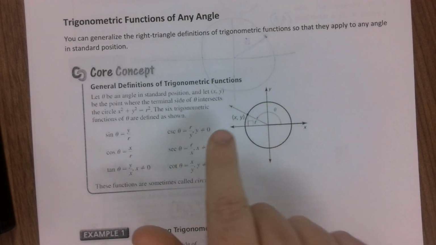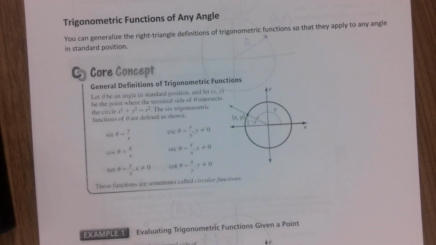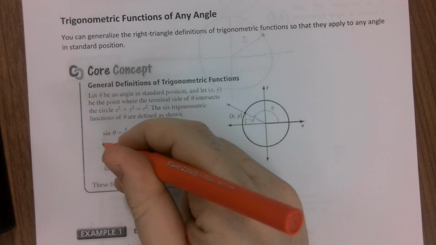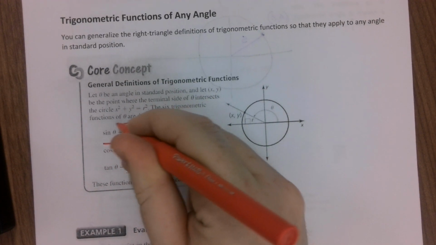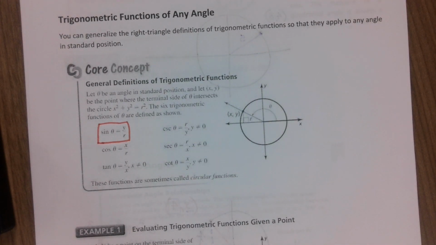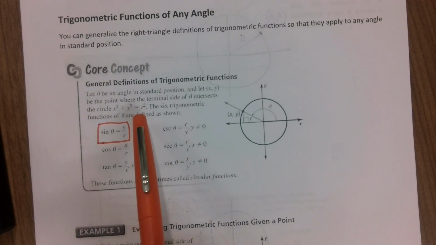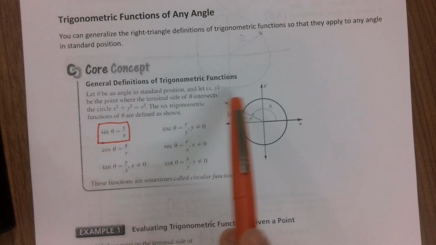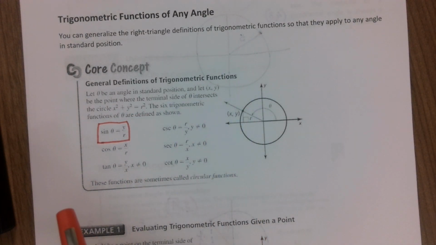If this is the case, we can actually figure out what the different sides are based on the different trigonometric functions. So here we are told that sine of theta, again, we don't know what theta is, but it works for any angle. The sine of that angle theta is equal to y, the height here, divided by the radius, r.